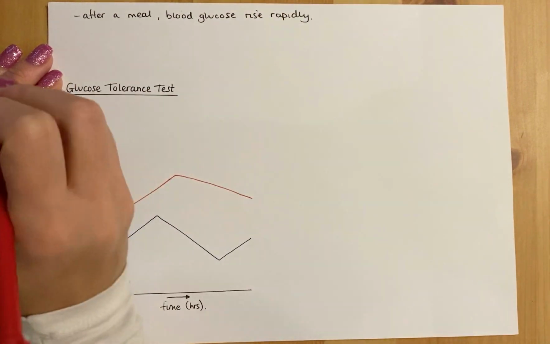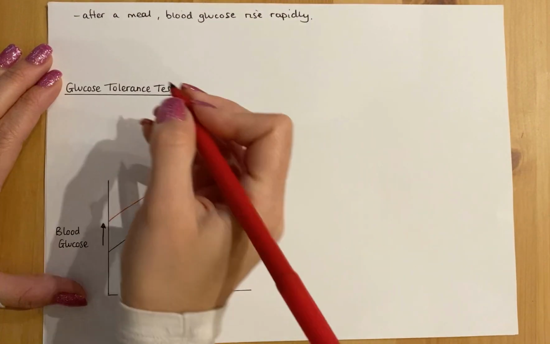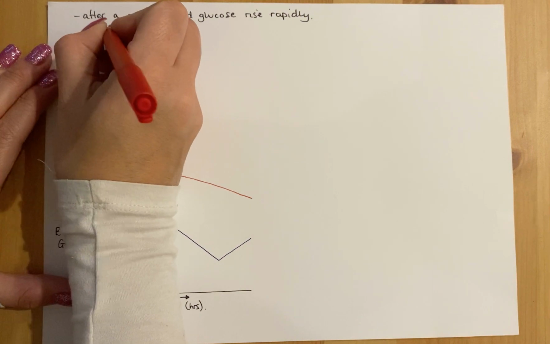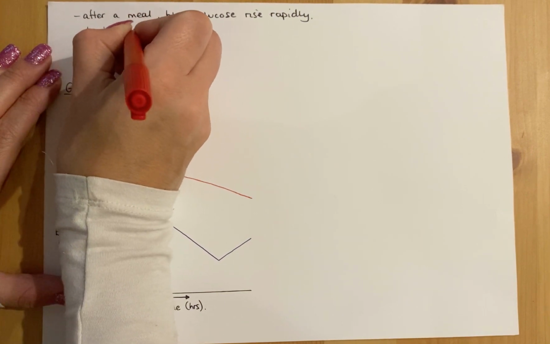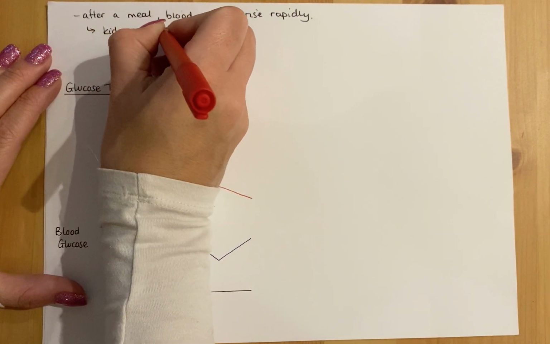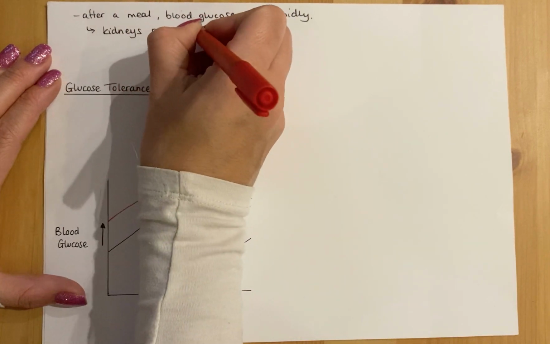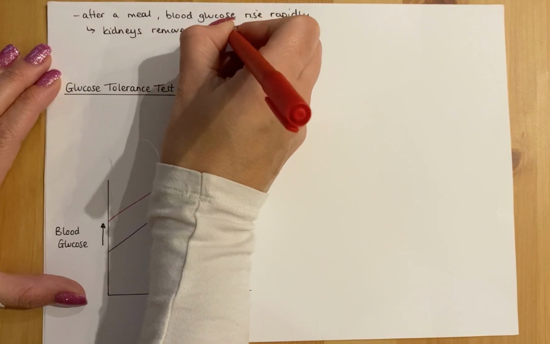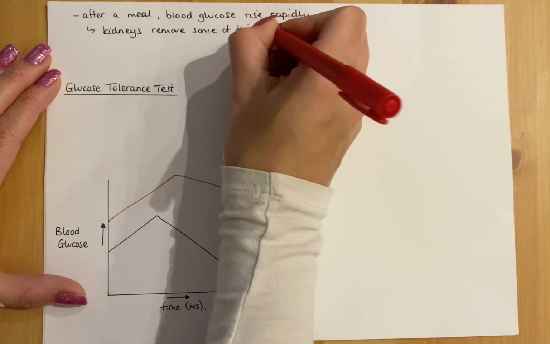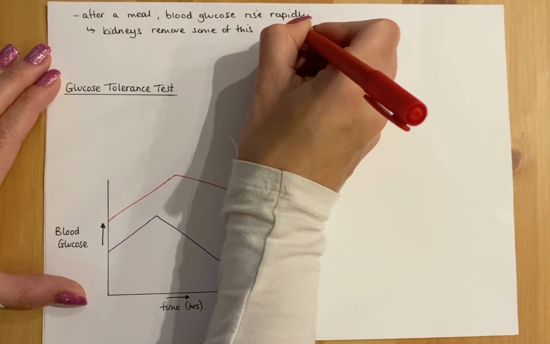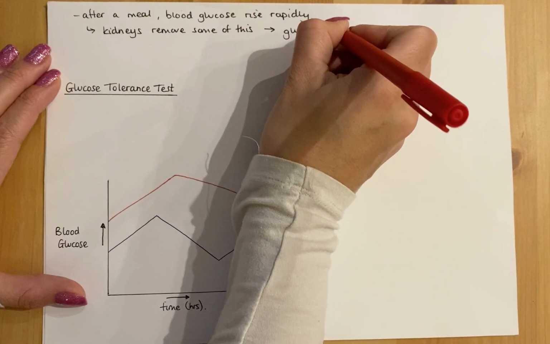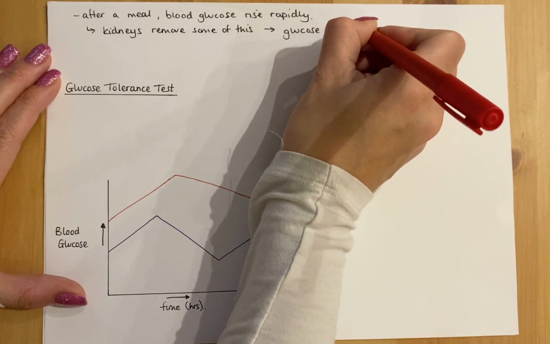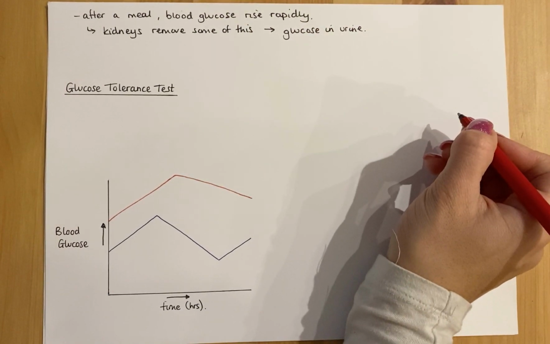So your body has to get rid of this some way, and the kidneys will end up removing some of this. Because the kidneys are involved in urine production, some of the glucose will end up in the urine. This is also why the kidneys are often damaged in people with untreated diabetes.